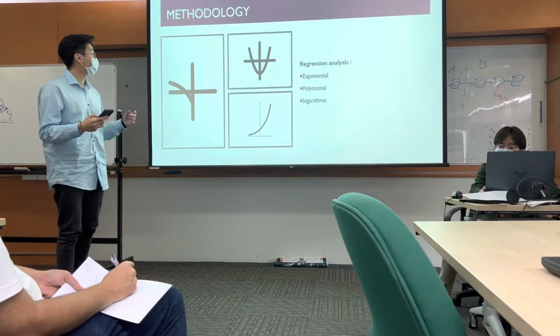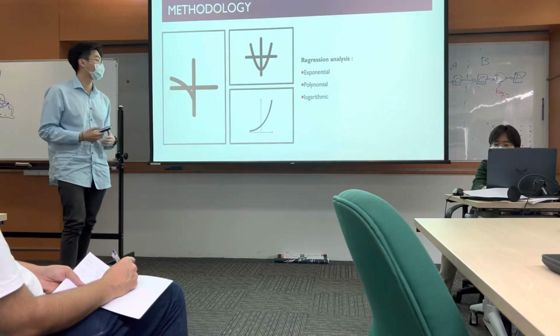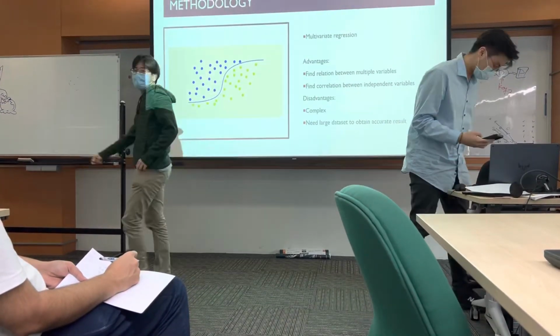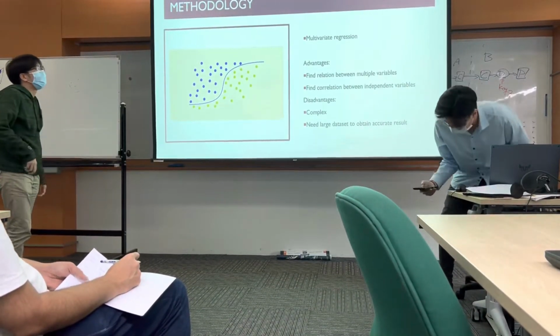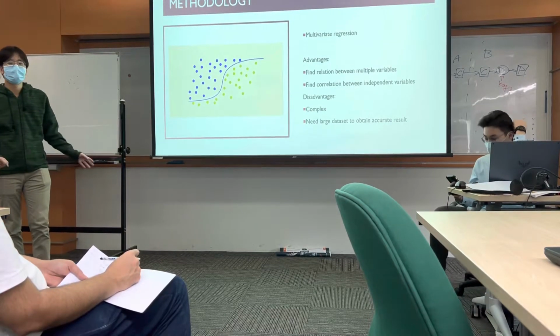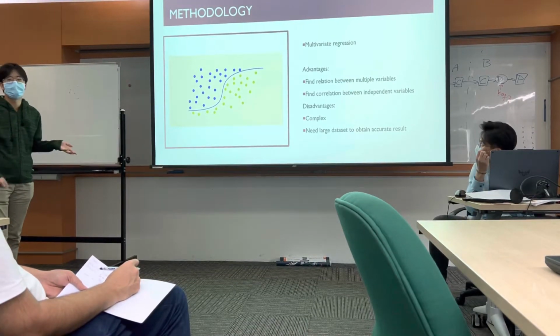And now Noel will tell you about the one that we think is the most suitable for our data. Okay, so this is multivariate regression, which we think is the best one for our data, because most of our data have multiple variables.